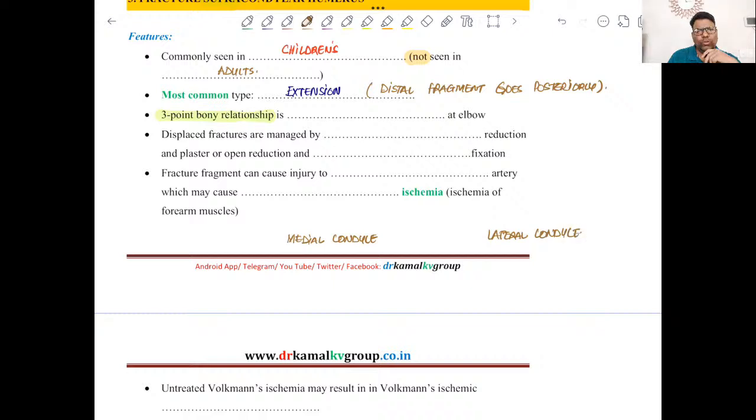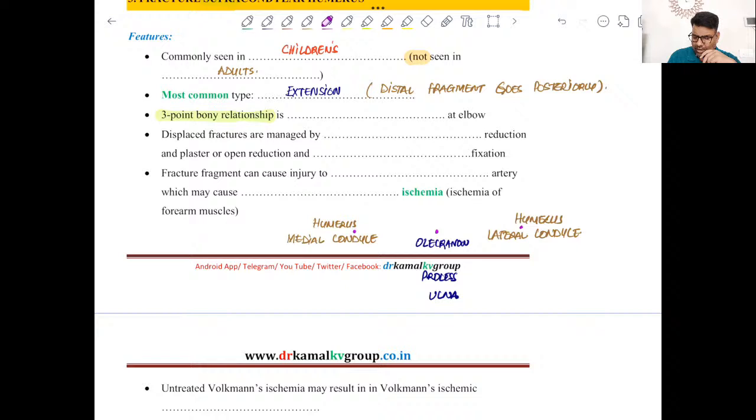Now these are of humerus, okay? So you can say this is humerus, and in the middle we have the olecranon process of ulna. Clear? So we always look for the relationship of these 3 landmarks when the elbow is flexed or extended.